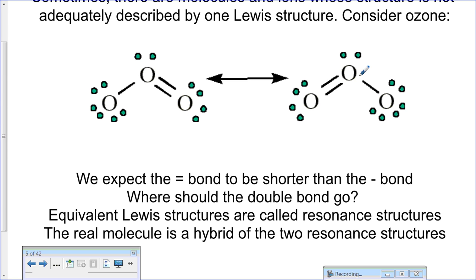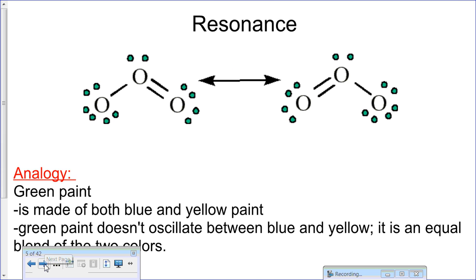Resonance means that the double bond, or if it's a triple bond, but for most of ours it's going to be a double, is not locked in a particular position. Okay, so it can be represented in more than one position. So there's resonance for our O3, for ozone.